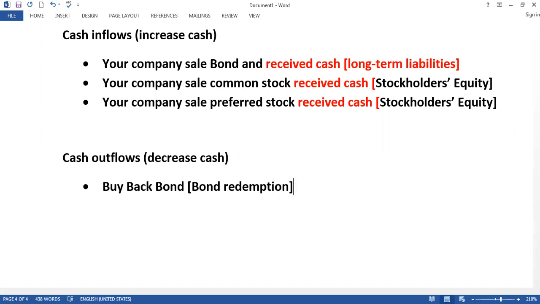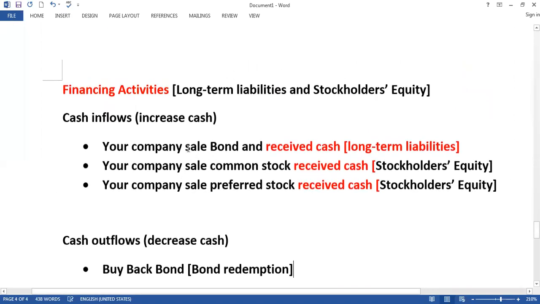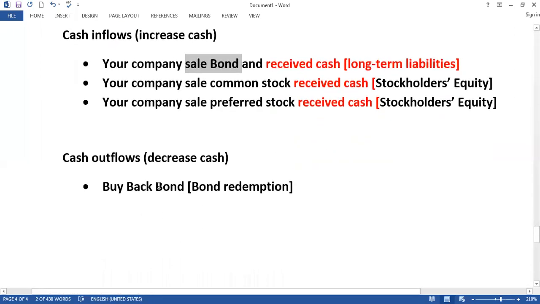Why does your company sell bond? What is the reason? Because your company does not have money, so they sell bond and collect cash. Now, 2 years later, maybe your company doesn't want to continue the bond. Your company calls back the bond. Can you remember call back bond or buy back bond?